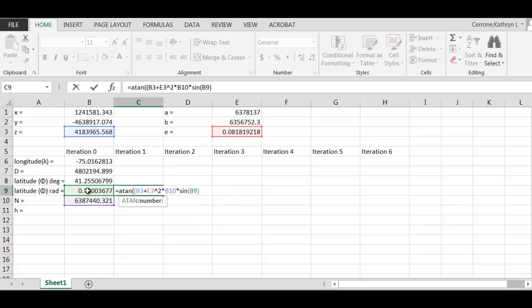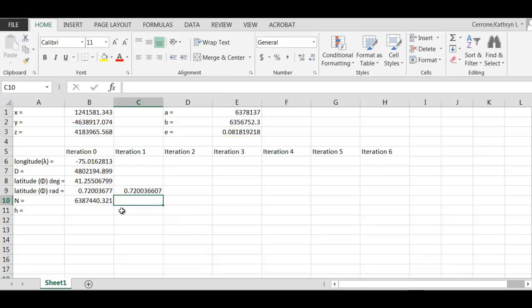So make sure you're cool with all of that. Again, we were using the previous radius and the previous latitude. We got our parentheses closed out to the numerator, and then we're going to divide by d. d isn't going to change. And then we'll close our final parentheses, and that'll be our atan.